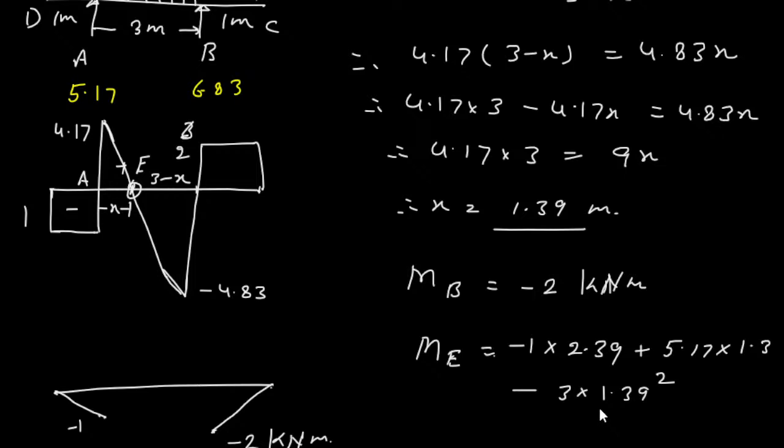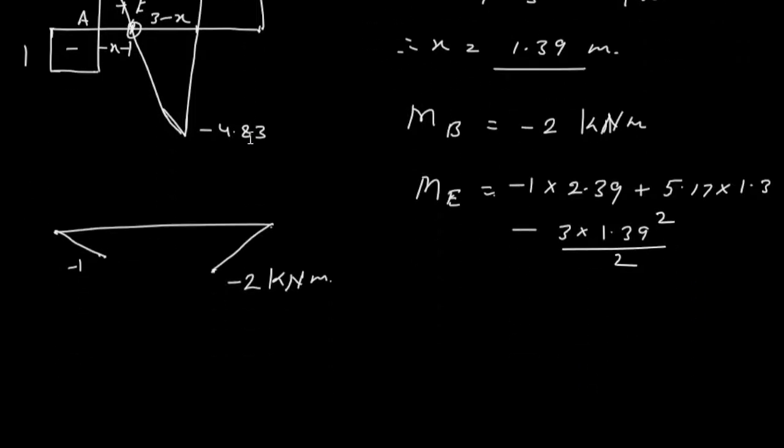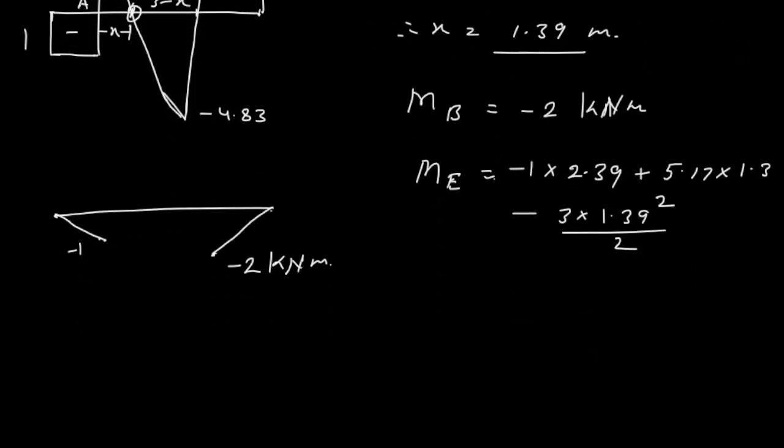So moment at E is minus 2.39 plus 5.17 times 1.39, then minus 3 into 1.39 into 1.39 divided by 2, which equals 1.898.